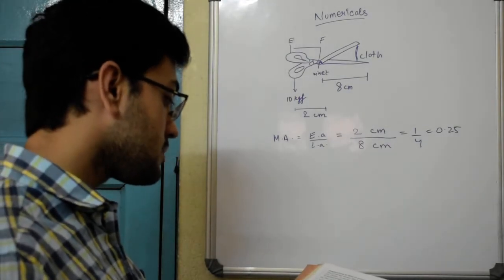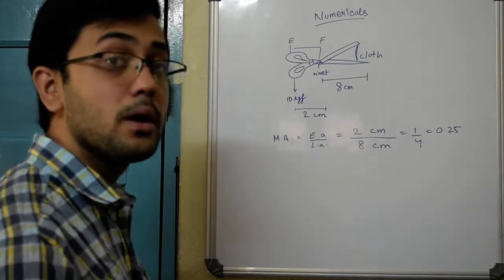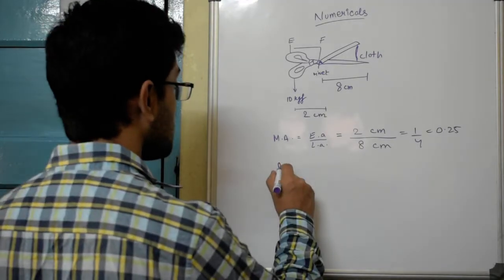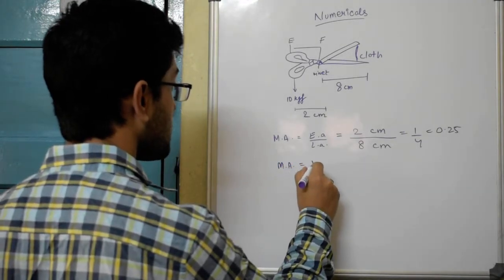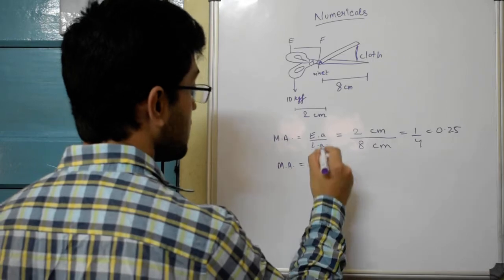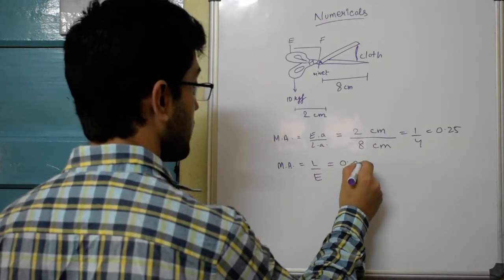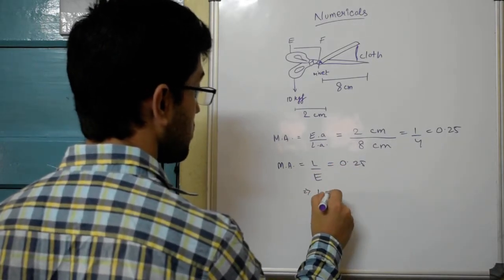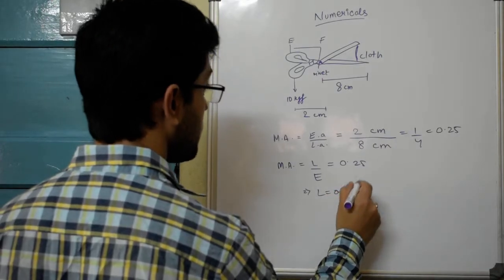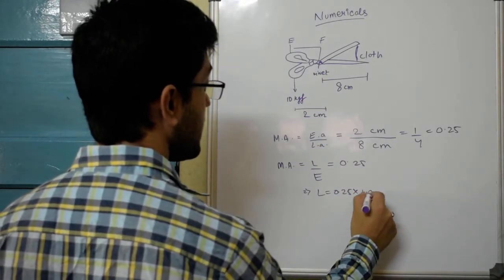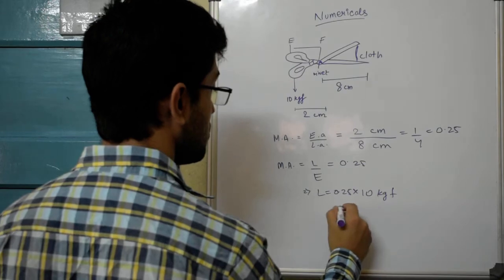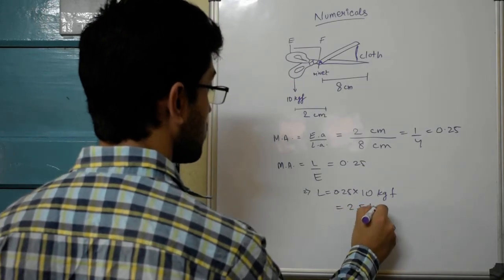Next it asks us to find the load offered by the cloth. Now we will use the formula that mechanical advantage is load by effort, which is equal to 0.25, and therefore load is 0.25 into effort, which is 10 kgf. So 2.5 kgf is the load.